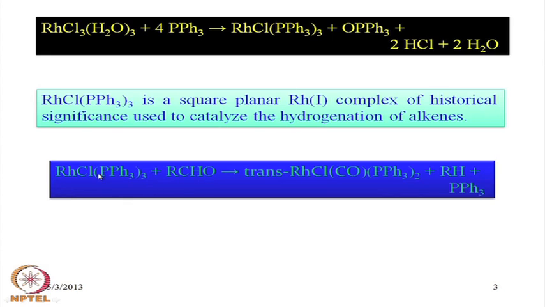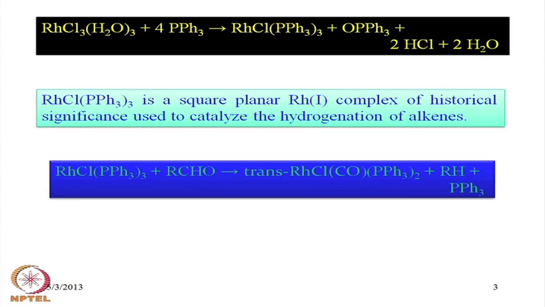So, when we react this reagent, that means Wilkinson catalyst, with any aldehyde RCHO, we get the corresponding trans RhCl(CO)(PPh3)2 molecule, where the RCHO has been converted to RH and one phosphine group has been eliminated from the system. In this particular case, the molecule is in the trans geometry.